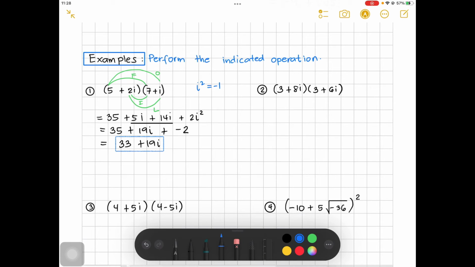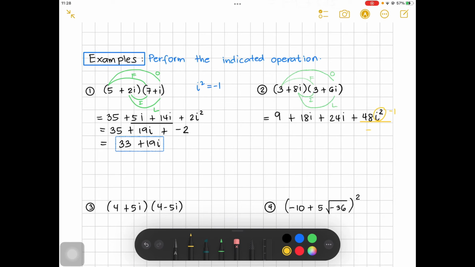Number 2. Again, we use FOIL method. First, outer, inner, last. First, it's 9 plus 18i plus 24i plus 48i squared. But take note that i squared is negative 1.